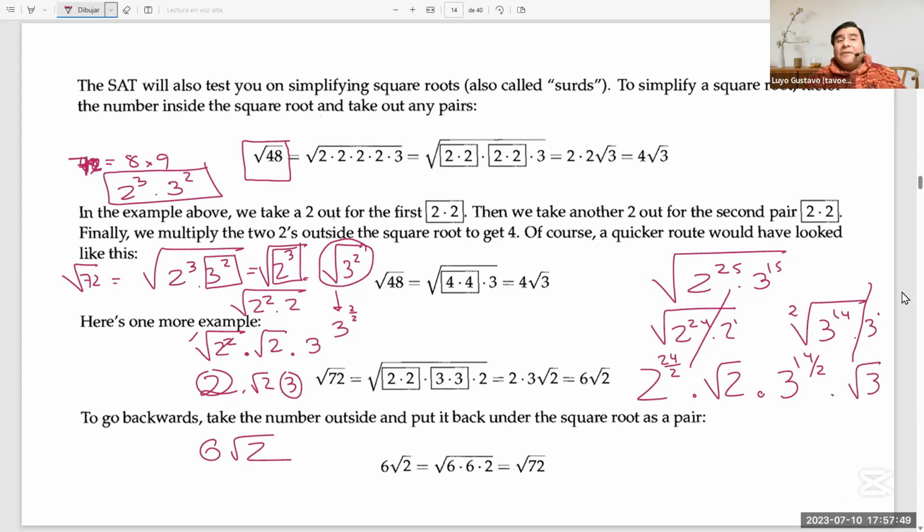So what do we have? 2 up to 24 over 2 is 2 up to 12. 3 up to 14 over 2 is 3 up to 7. It would be this times the square root of 2 times 3, square root of 6. So that's how you can achieve the reduction of these kinds of roots.